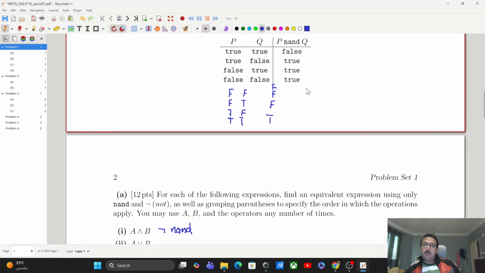NAND, so not P NAND not P NAND not Q equals true, true, true, false, which is not what we're looking for.